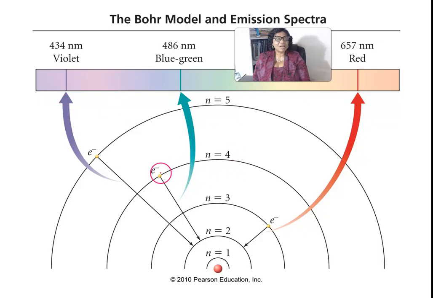Then when another electron, or this same electron, moves from here to here, it gives out light that has this wavelength, which comes out as blue. Then when it moves from n equals 3 to n equals 2, it gives out light associated with this wavelength, which is red.